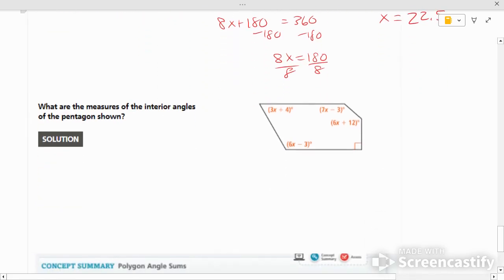All right, interior angles. Now we're switching back to interior. How many sides do I have? 1, 2, 3, 4, 5. What's the 5-sided polygon add up to? We've done this like 5 times today, so it's 540.